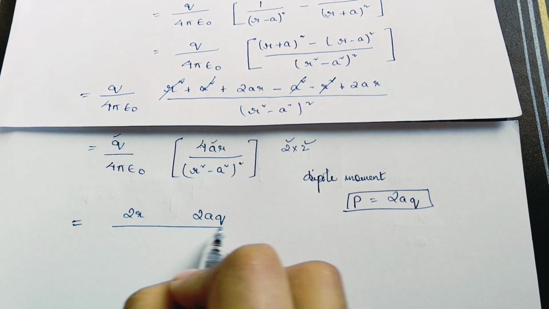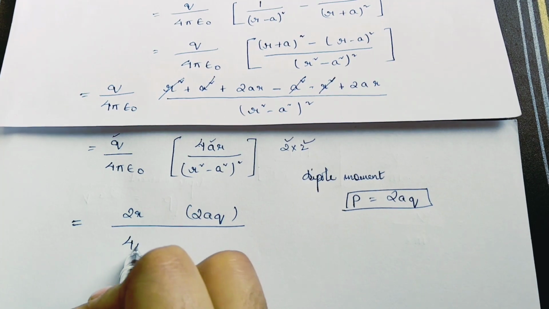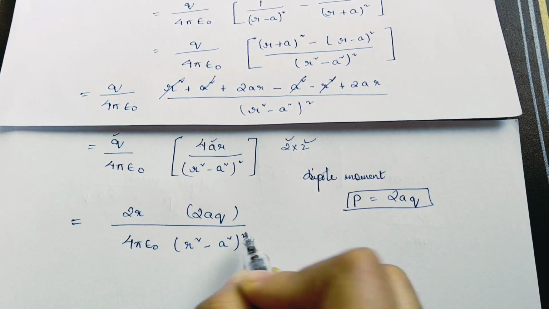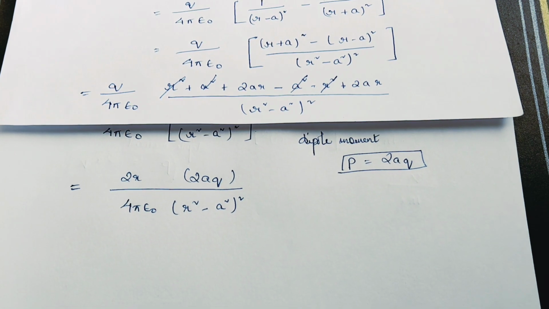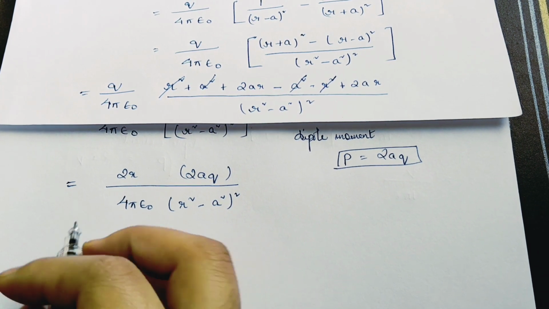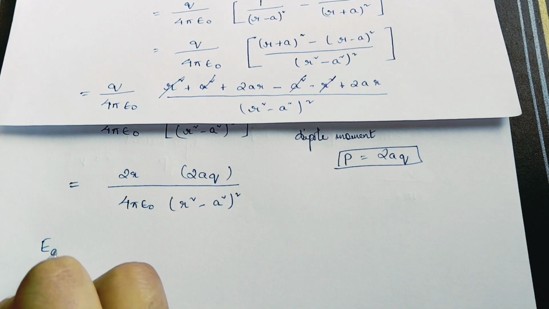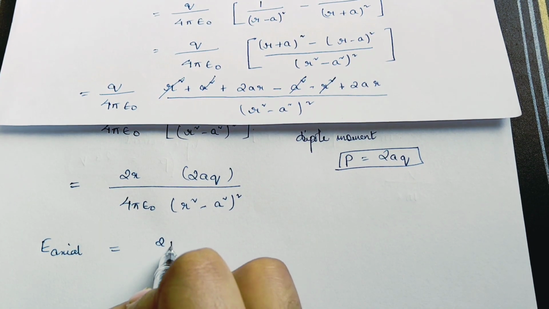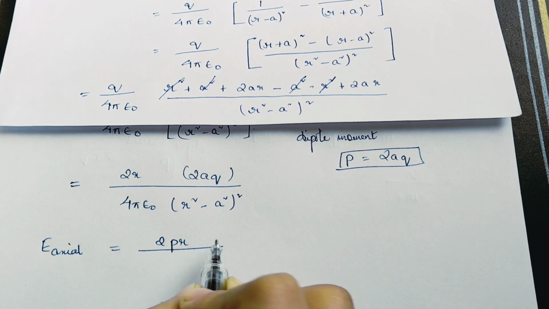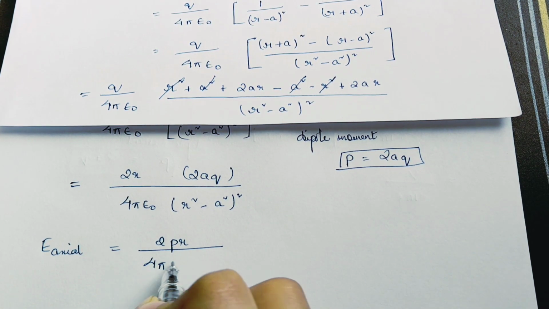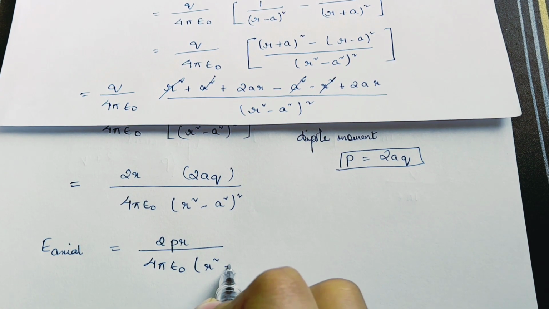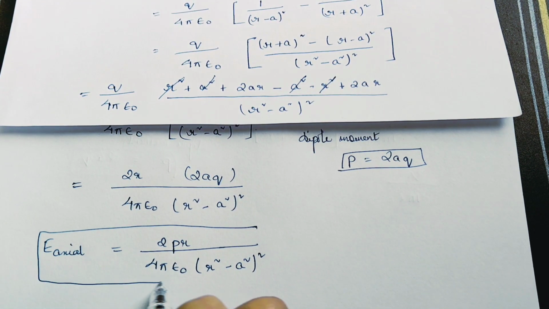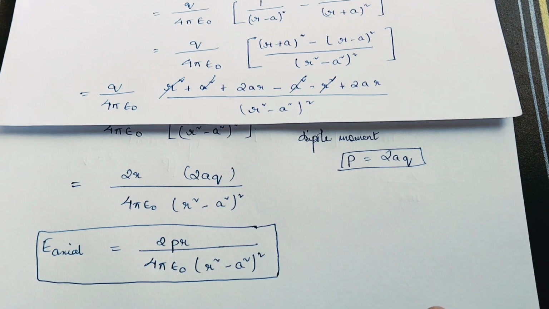So we have 2r divided by 4 pi epsilon naught (r squared minus a squared) squared. Now we know the value of 2aq is p, right? So we'll just substitute that in this equation: E axial is equal to 2pr divided by 4 pi epsilon naught (r squared minus a squared) squared.